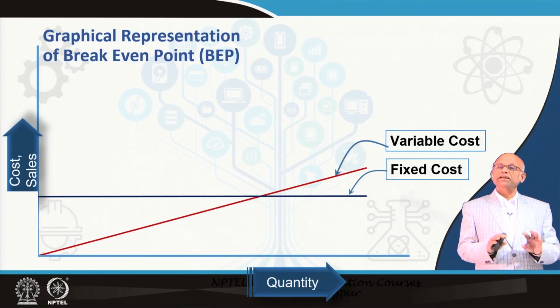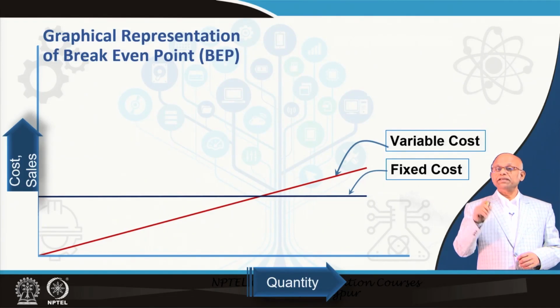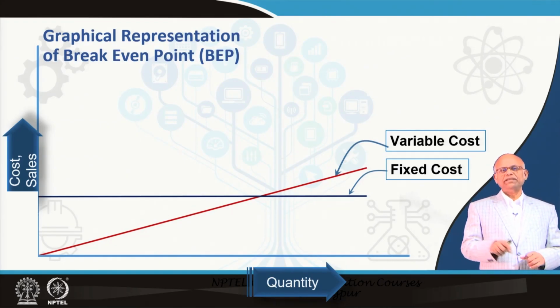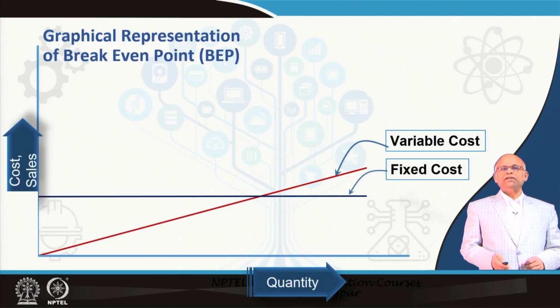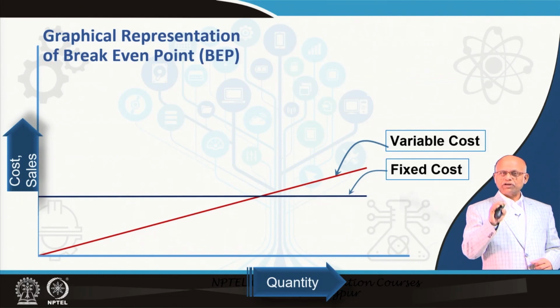So, fixed cost never changes. In reality, fixed cost actually changes, but this is an assumption that we make, otherwise estimating break even point would be very complex.